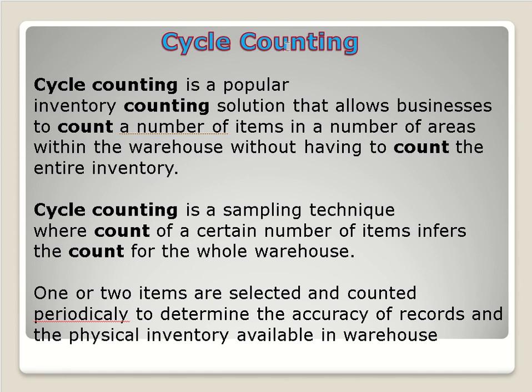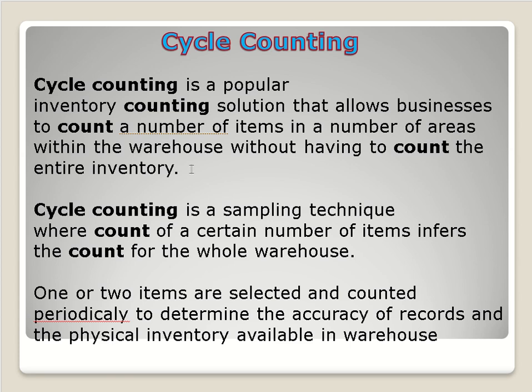Cycle counting is a popular inventory counting solution that allows businesses to count a number of items in a number of areas within the warehouse without having to count the entire inventory. So essentially, this is like changing the tires while the car is moving.